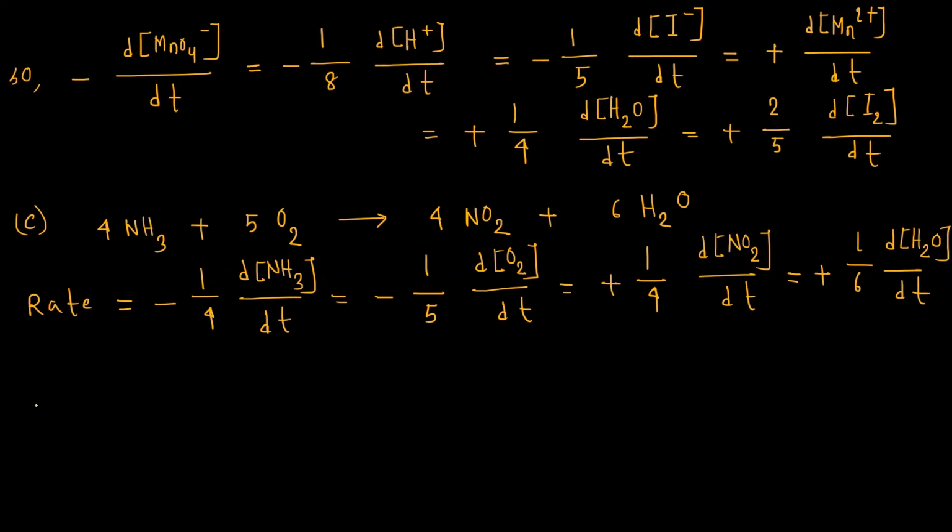Okay, so we have to find out negative sign d of ammonia by dt.